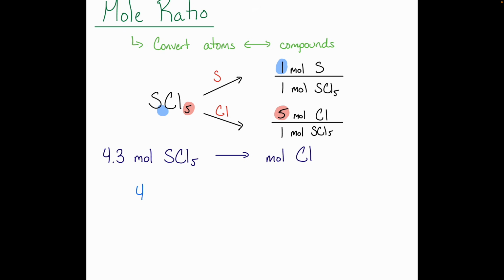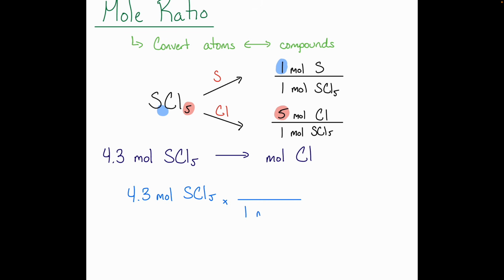All right, so let's take our 4.3 moles, and now I'm going to be good to not just include the unit, but also include who I'm talking about. I'm not just going to say 4.3 moles, I'm going to specifically say this is 4.3 moles of sulfur pentachloride. Now I'm going to multiply.